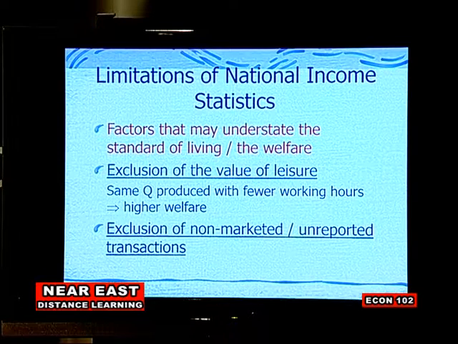Then there are some limitations of national income. First, national income may underestimate the standard of living or welfare. Sometimes national income cannot capture the standard of living or welfare of individuals. And there are some services that are excluded from national income, and such things affect the accuracy of national income statistics.